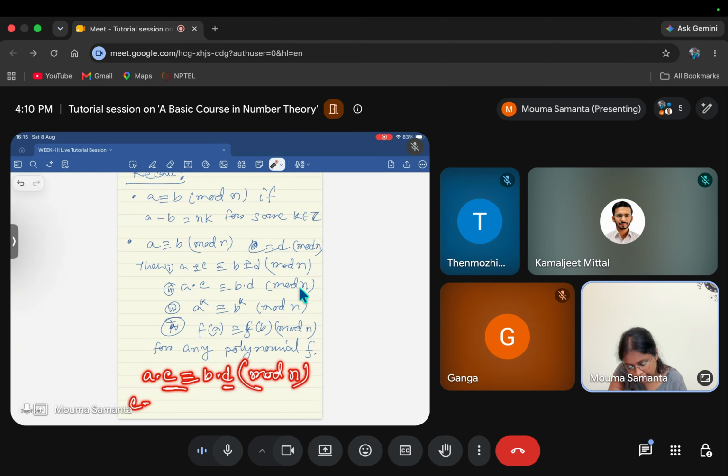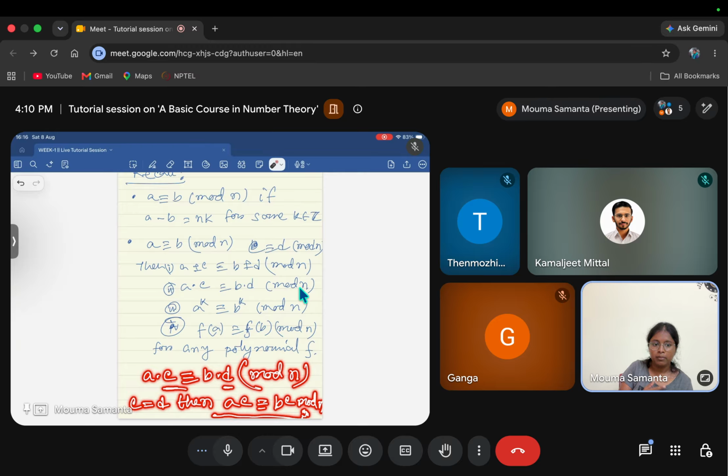If you take c equals d and apply this property 2, then you will get ac congruent to bc mod n. So the statement will be: if a is congruent to b, then for any integer c, ac is congruent to bc mod n.